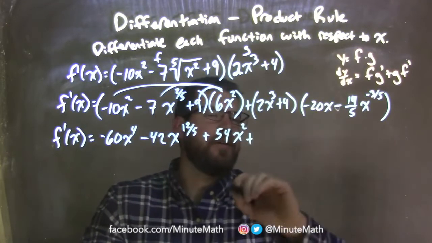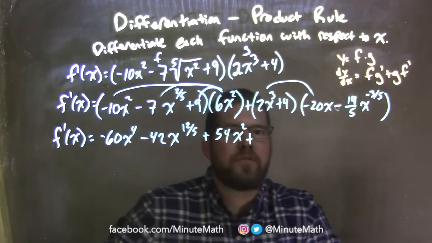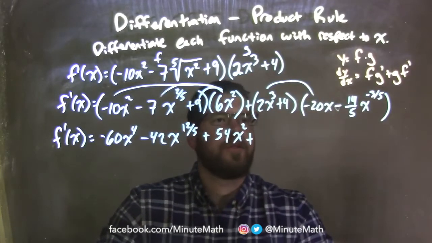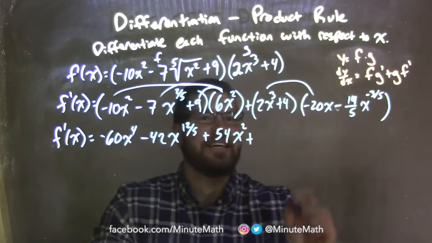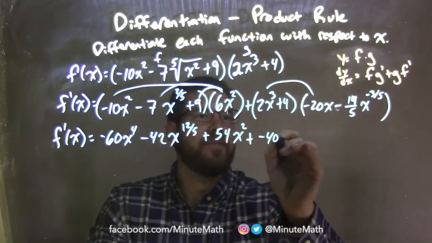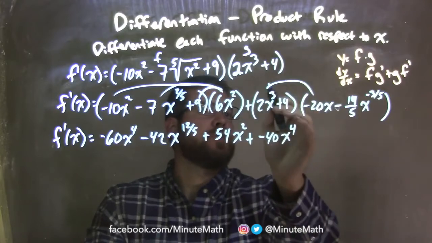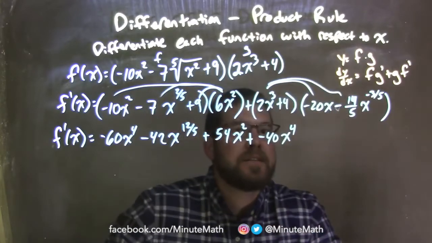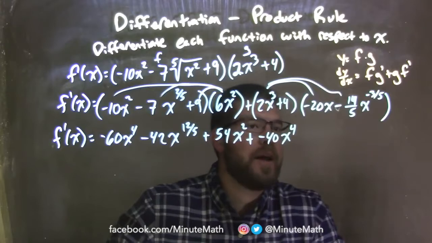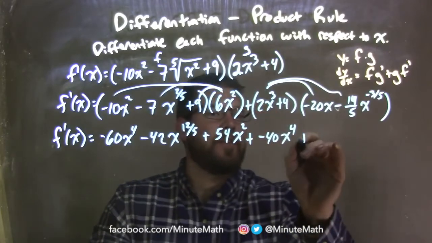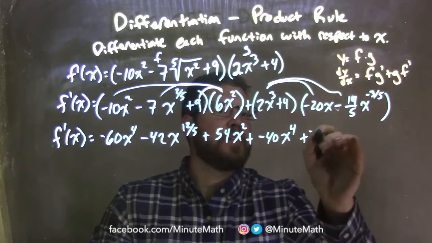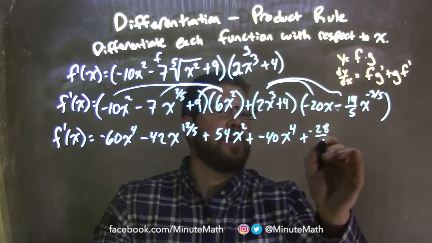Plus, let's distribute here again. Make sure we distribute all parts here. 2x to the third times a negative 20x is a negative 40x to the fourth power. And then we have 2x to the third times negative 14/5 x to the negative 3/5, so we have a negative here. 2 times 14 is 28, so we have 28 over 5.